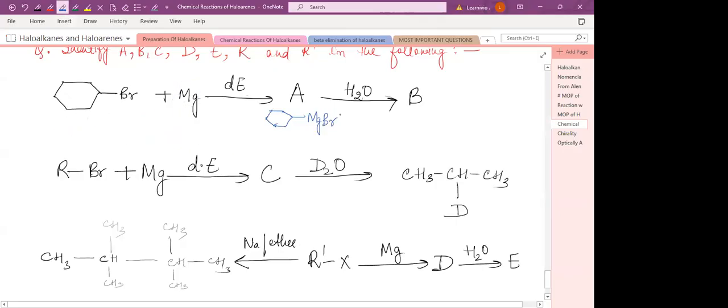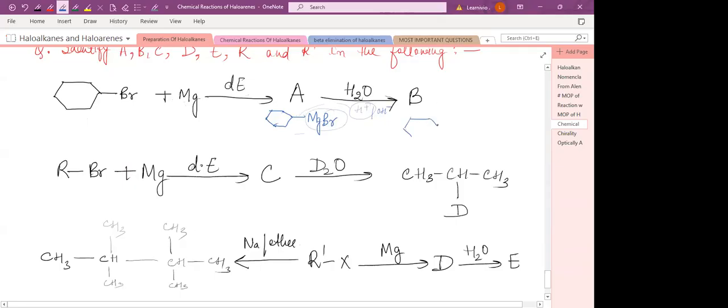We have discussed it. Now, when you add water to the Grignard reagent, what will happen? This water will give H plus and OH minus ion, right? So H plus will attach to this side, and with Mg what will come out?